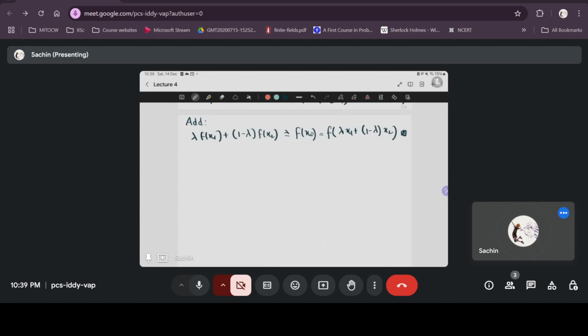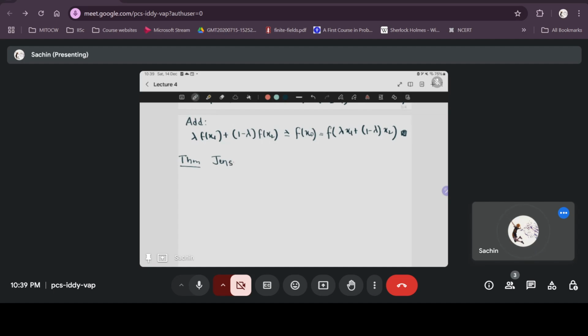Now, once we know what a convex function is, we can use that and state Jensen's inequality.